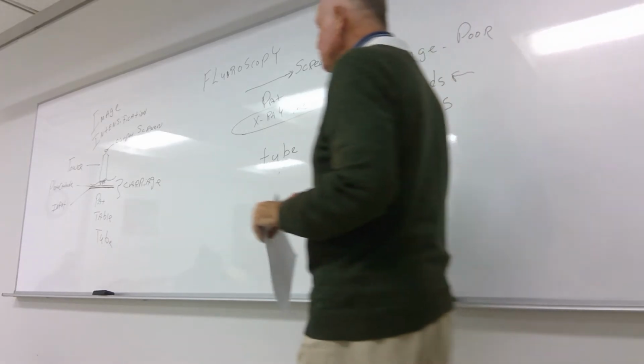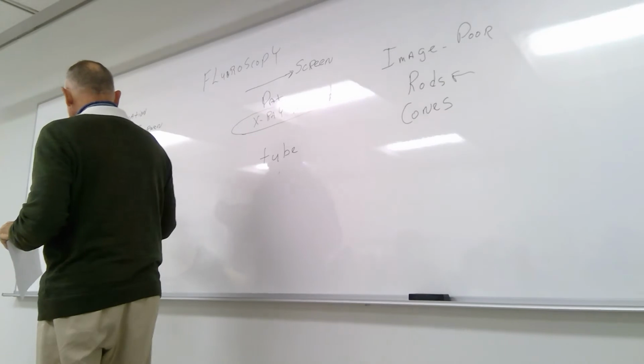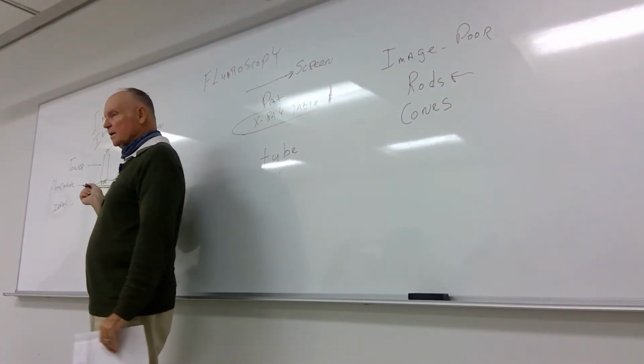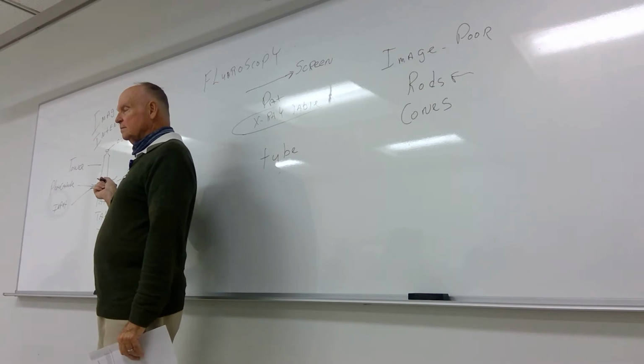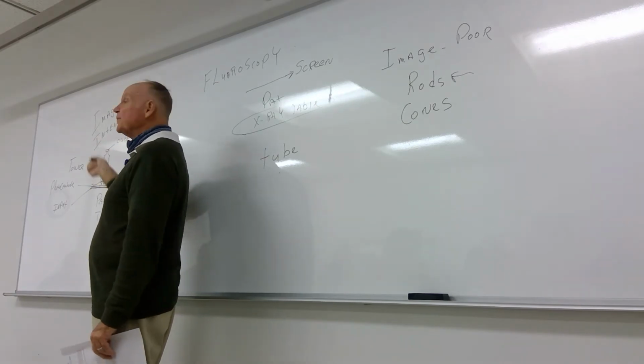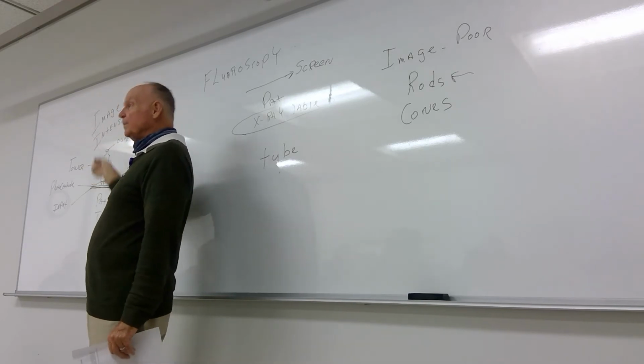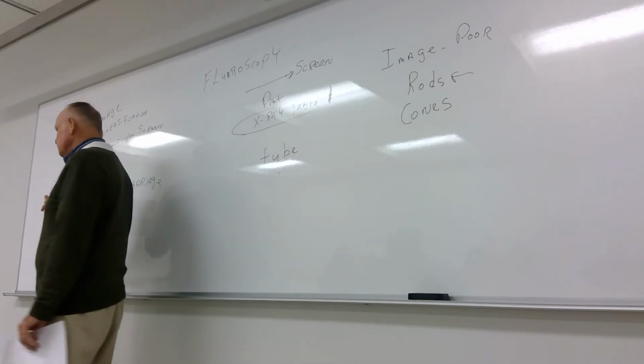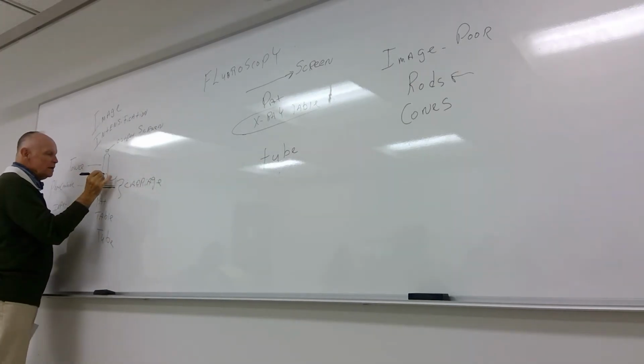So let's look at how we've got an electron beam. We have to get those electrons up the tower. How do we do that? Magnets?